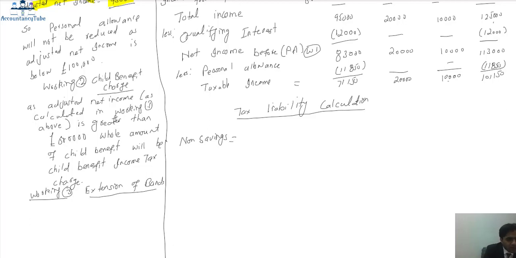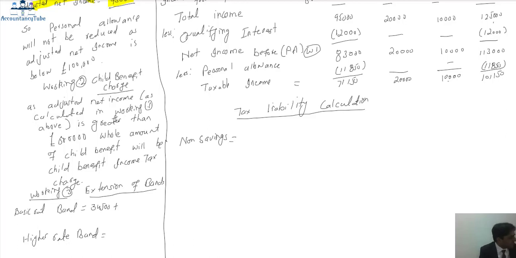Normal band, the basic rate band, and higher rate band. Now the basic rate band, the normal one is what? 34,500, plus the gross amount of the personal pension contribution.